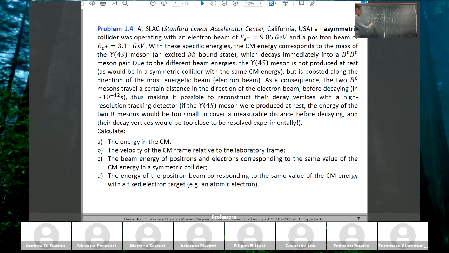Of course, we can completely neglect the mass of electron and positron compared to the beam energy, since we are in the ultra-relativistic regime, and we can equate energy and momentum. So this is approximately equal to 4 times E minus E plus.